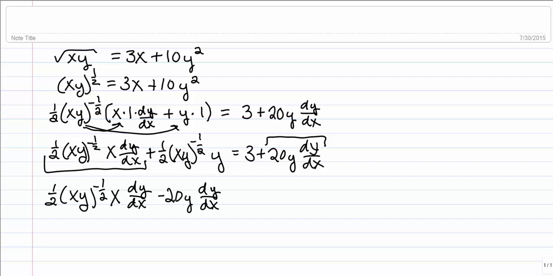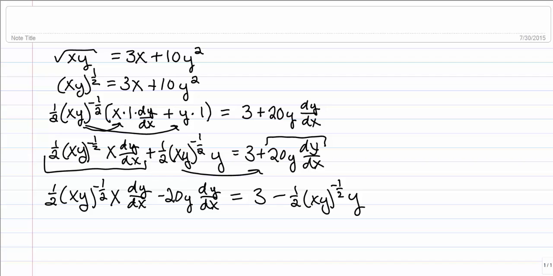And I'm also going to subtract this term here from the left side, and move it to the right side. So I'm going to subtract 1/2 (xy) to the negative 1/2 power times y, and move it to the other side. So that would be 3 minus 1/2 (xy) to the minus 1/2 power times y. So we bring this term to the other side.